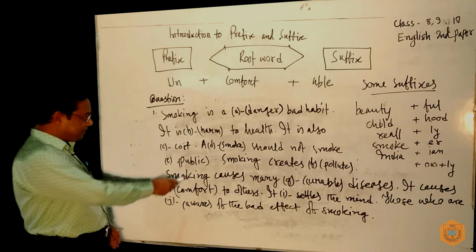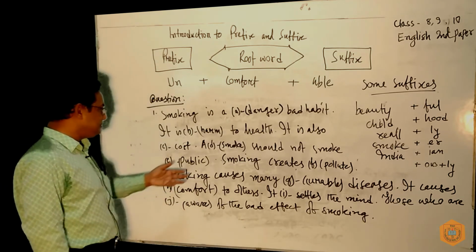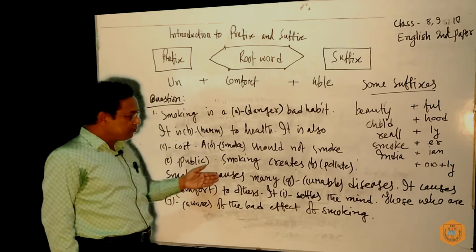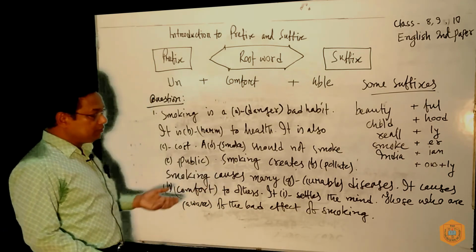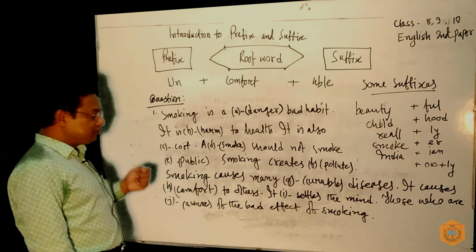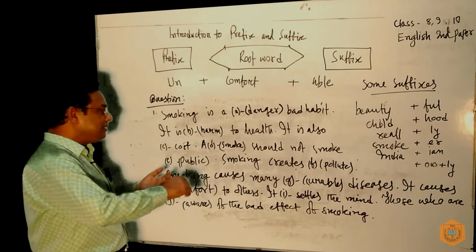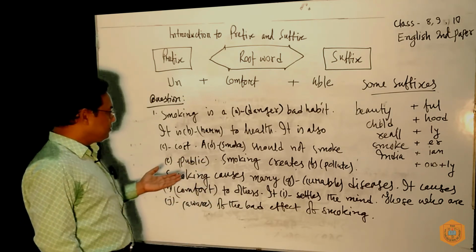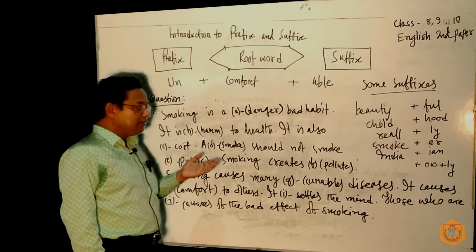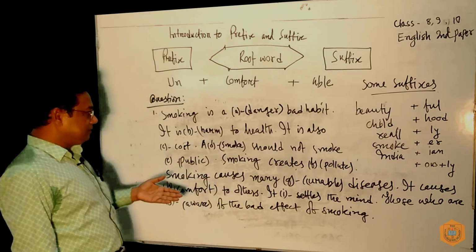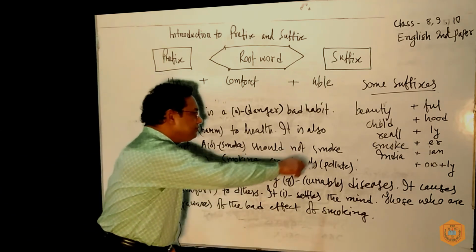Here the word is public, so we have changed it into publicly. Smoking creates pollute. Here pollute is a root word, so we have to change it into another form. So smoking creates pollution. Here we can use suffix.